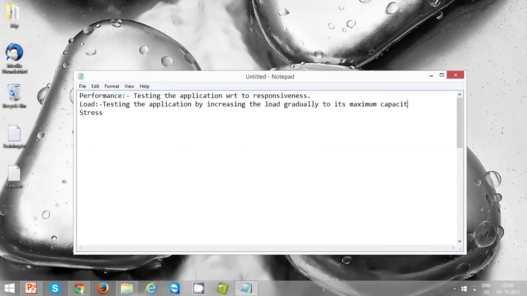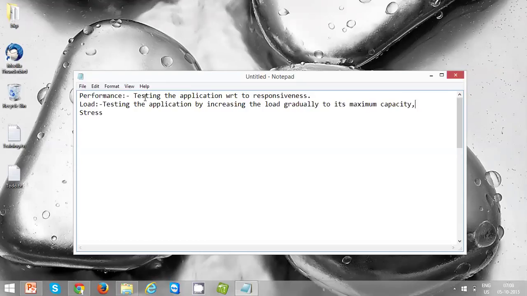A customer will be giving the maximum capacity. When I say maximum capacity, it is nothing but how much data we have to provide to the system. Data is how many users, how many transactions, how many orders, how many products, something like that. Anything which an application will be storing, we can call it load.